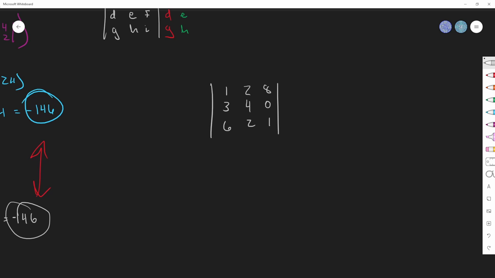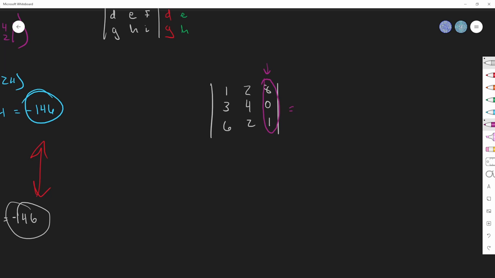Okay, so for this one, like I mentioned, we're going to be using the third row. If you recall how to do it, you could go from top to bottom or bottom to top. It doesn't really matter what order you do it in, as long as it's consistent throughout your work. For me, I always use top to bottom.